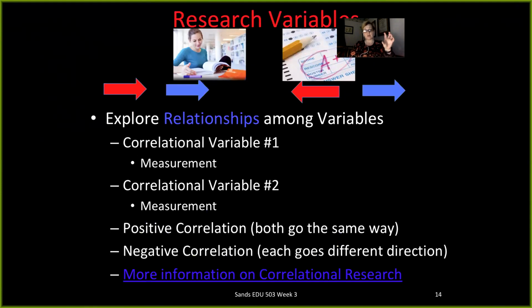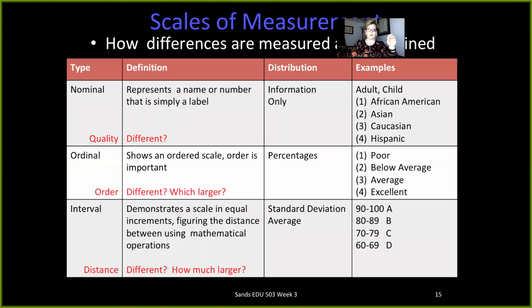When we increase leveled reading, we will increase reading ability. So a positive correlation would be an increase and an increase. A negative correlation would mean an increase in leveled reading and a decrease in students' reading ability. So it's different than what you would have when you're talking about independent and dependent variables.